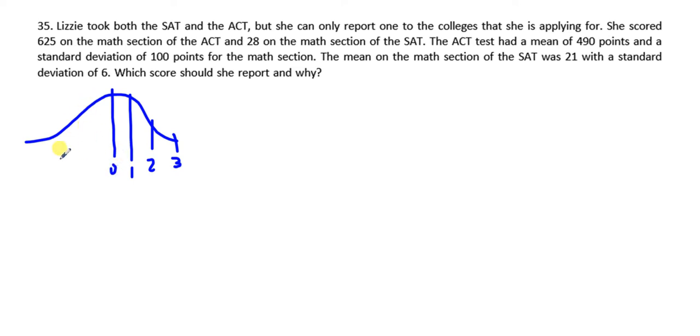And -1, -2, -3. So we can compare how we did on these two things. And the formula, and this will be on the formula sheet, z equals x, which is your score, minus the mean, over the standard deviation, which sometimes is written like this. And she scored a 625.